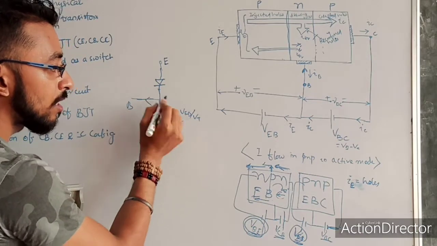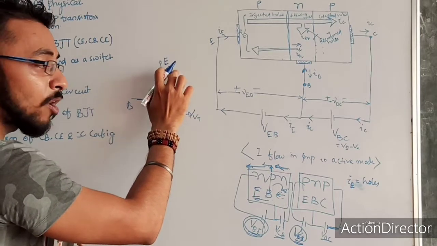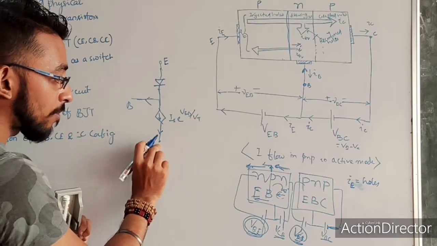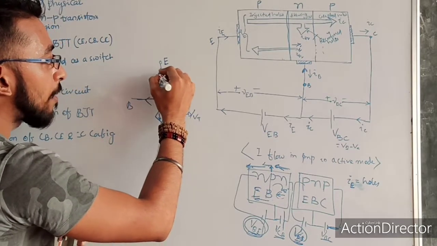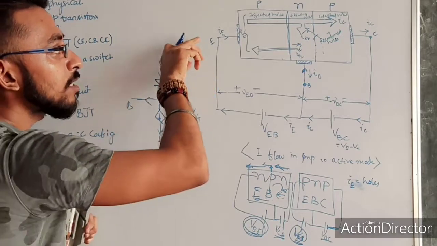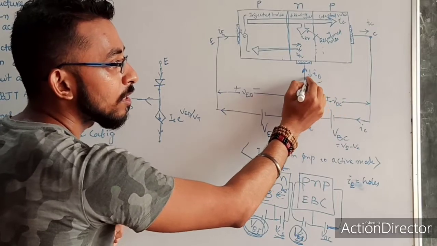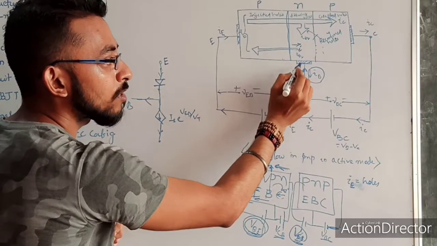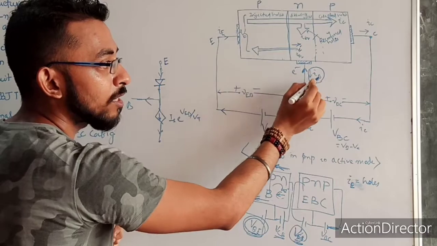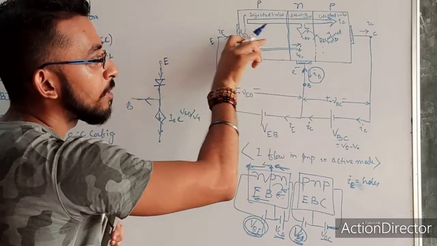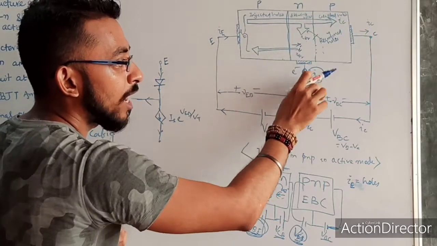You see the difference? In that case, my collector was at top. Now my collector is at bottom. Why? Because the emitter current is coming and dividing into 2 paths. This is the IB. You see the IB direction. This is nothing but the electron direction, which is opposite to the current. So this is the IB direction. Emitter current is coming, it is divided into two parts, IB and IC.